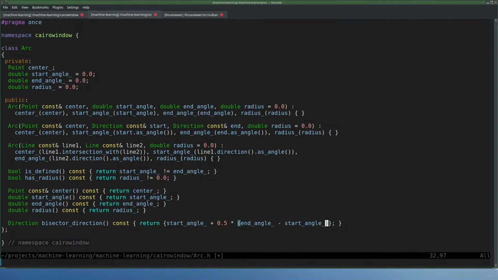So if this is negative, but yeah, right, that's the whole thing, of course. If I add 2 pi here, then effectively we're adding pi, and that is then going from this side to the other side. Yay.